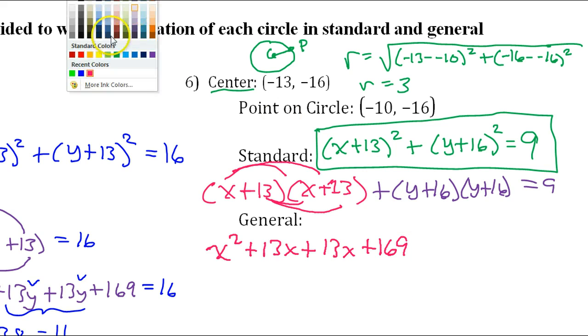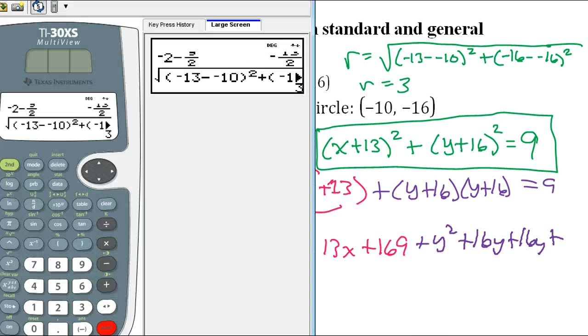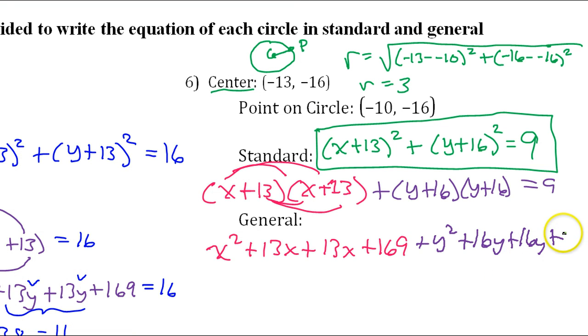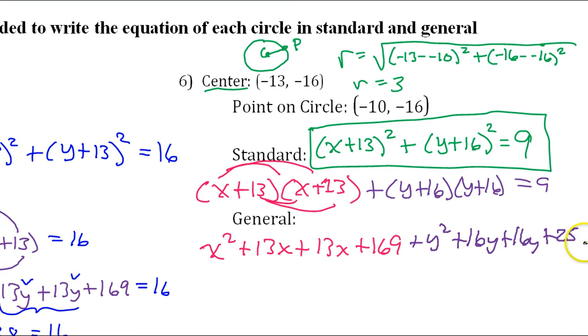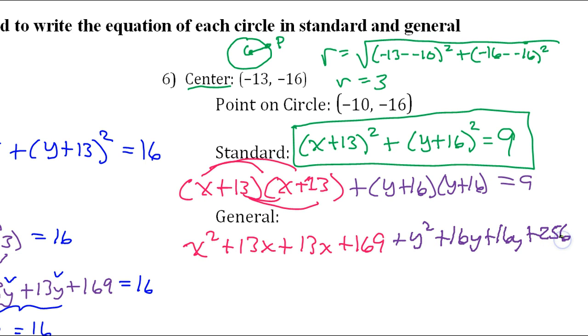When I do the same thing for the y's, I get y squared plus 16y plus 16y plus, I'm running out of space, 16 times 16, I forget what that is, 256. I need to go right to the edge of the paper. So this is 256, and that still is equal to 9 over there.